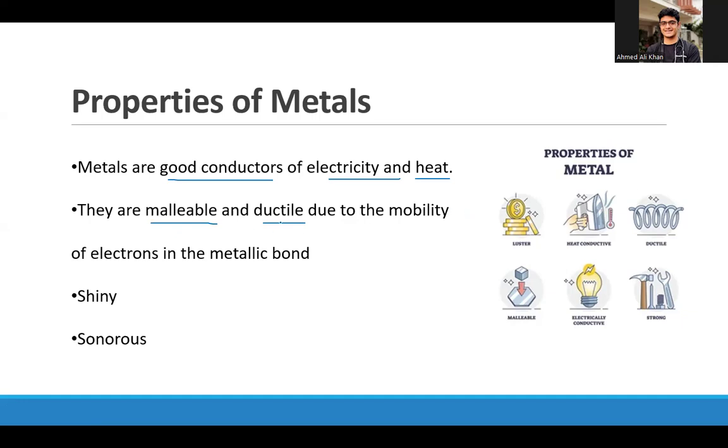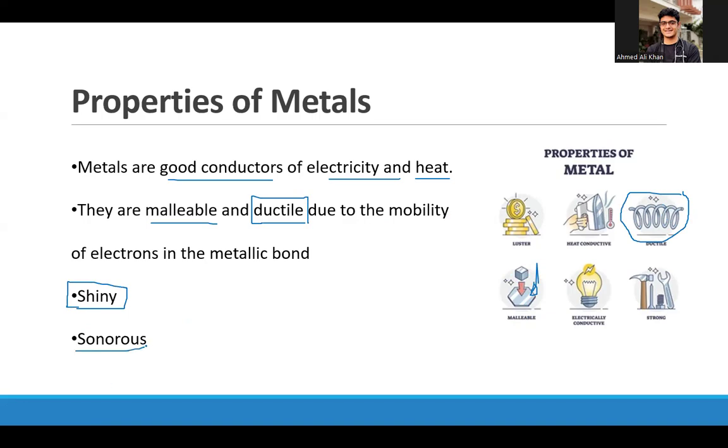And they are ductile, which means that they can be bent. You can see that they form a sort of spring using this metal, and that shows that metals are ductile. You can hit them with a hammer and they'll just bend and not break. Malleable means they are not brittle. And they are shiny, obviously; when you shine light on them, they are very reflective.